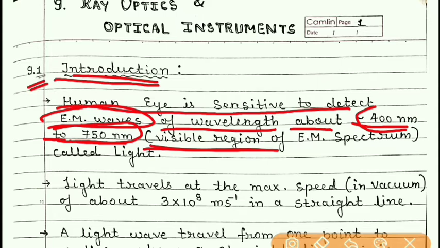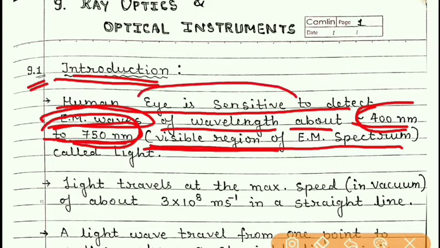So this wavelength range, 400 nanometer to 750 nanometer, is known as the visible region, and our eyes are sensitive to waves of that frequency or wavelength, and that is called light.